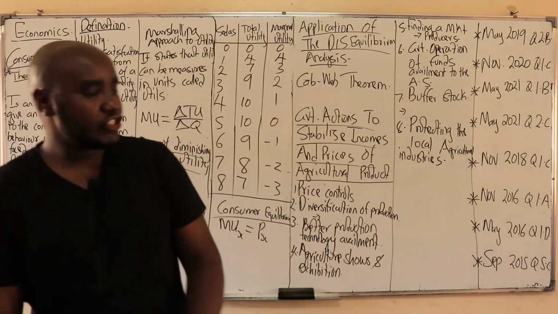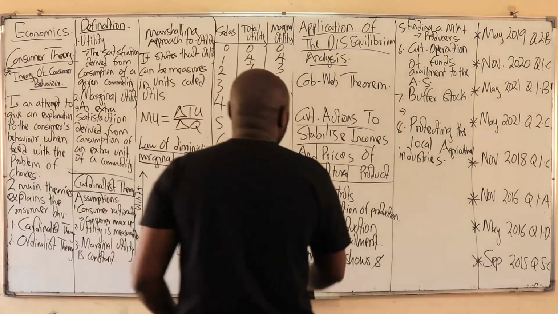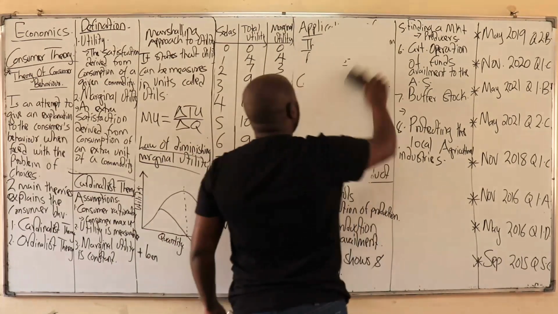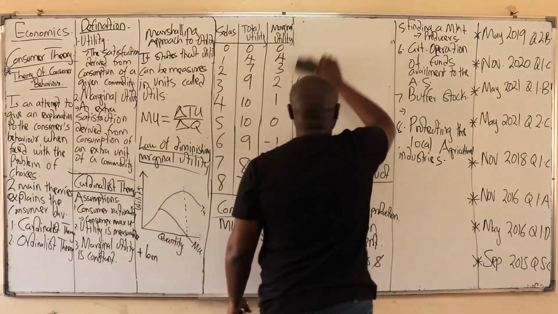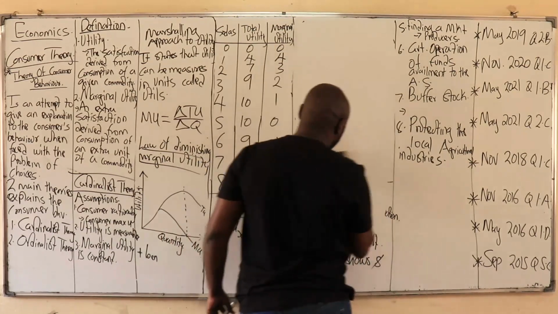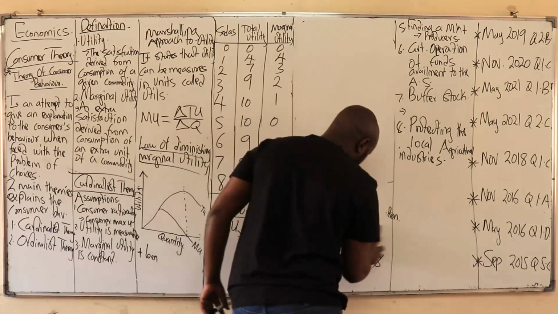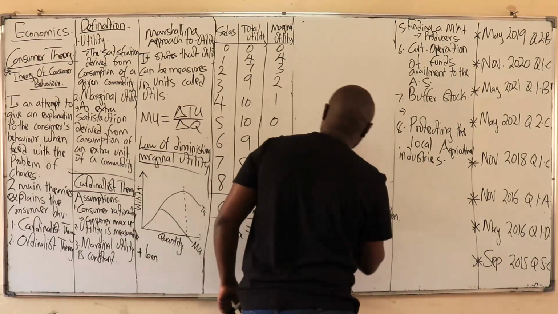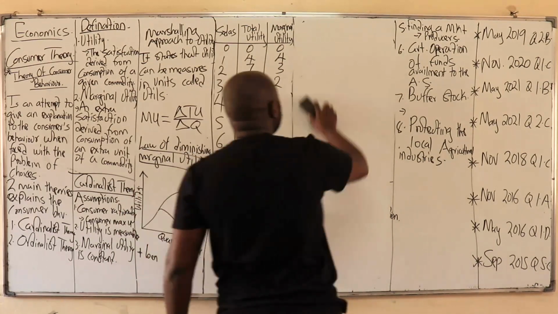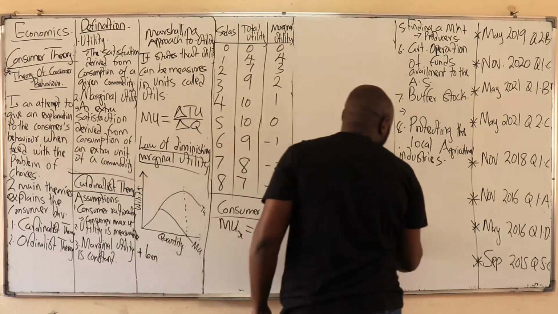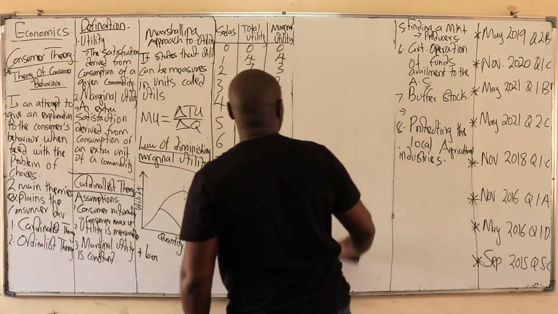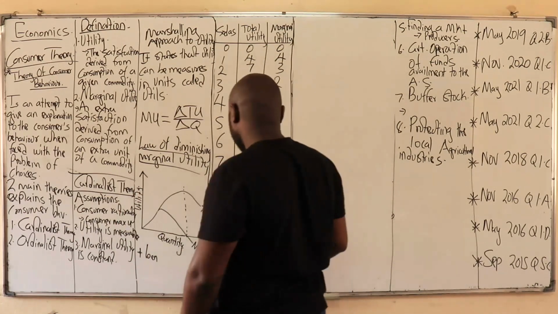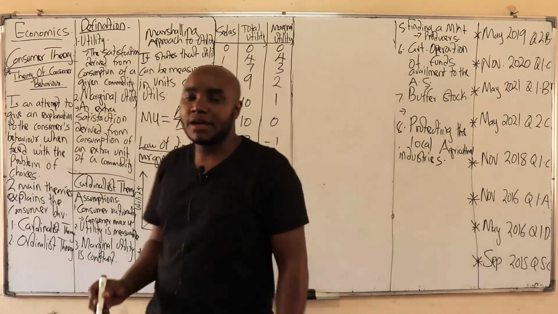At this stage, the consumer is at equilibrium when the marginal utility of that commodity is equal to its price.